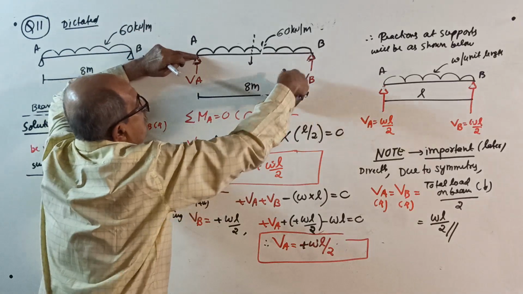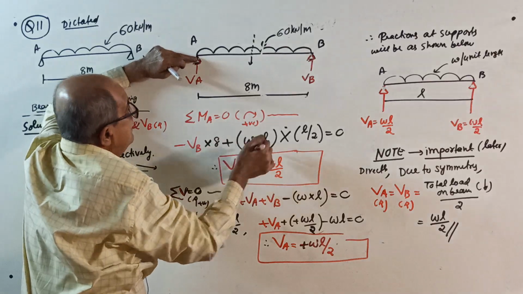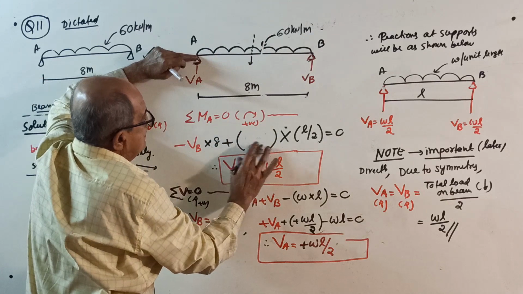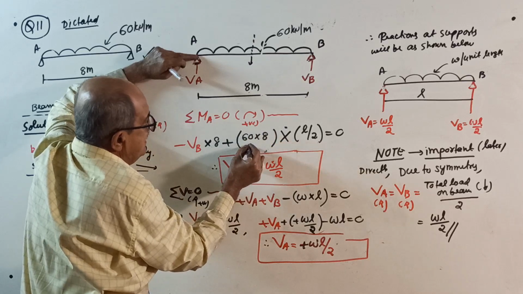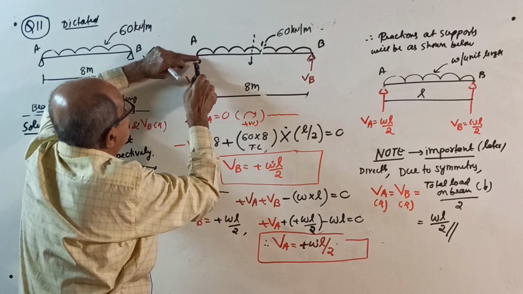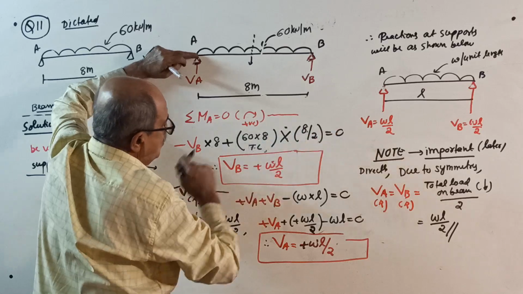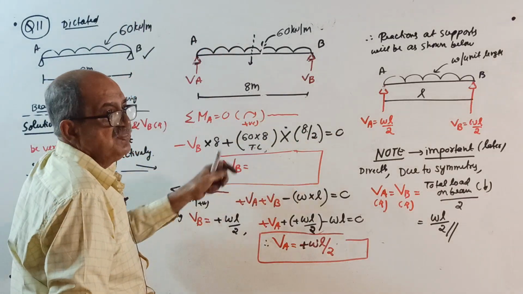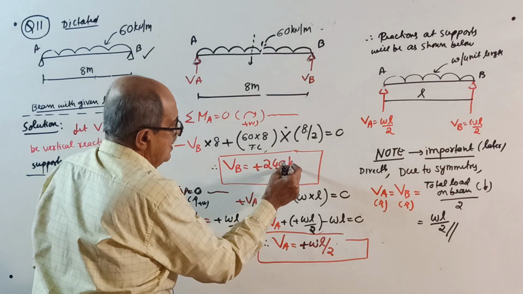Okay, start. Minus VB into 8 plus the total load, 60 kilonewton per meter for 8 meter. This is the total load into, from here to here is 8 by 2, equal to 0. VB will come 240 kilonewton.